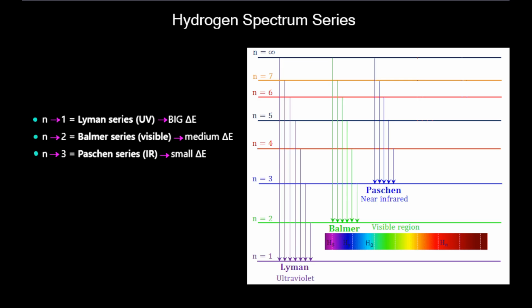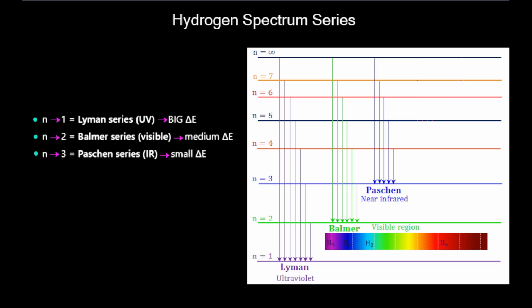If the electron drops from any of the higher energy levels down to n equals 2, the energy released is medium. This transition forms the Balmer series, the only series we can actually see with the naked eye. This is part of the spectrum responsible for the visible colors of the light.